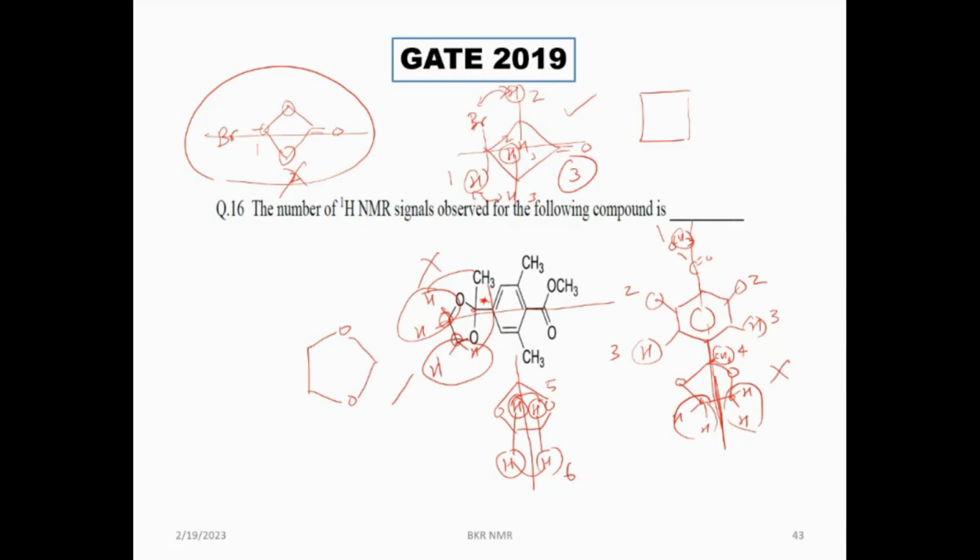So don't get confused. Whenever they have given you an alkene or a cyclic system, you should write the structural formula and then argue. Okay? It is the same here. Suppose I have Br, and I have H, and I have hydrogen. How many signals here?